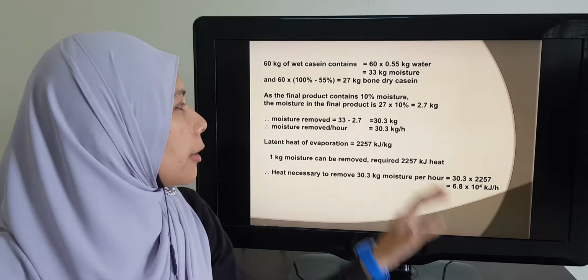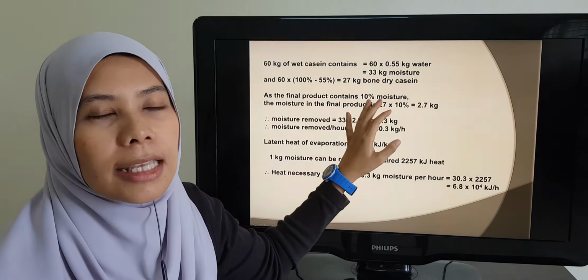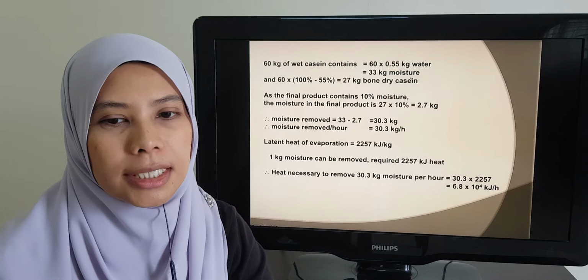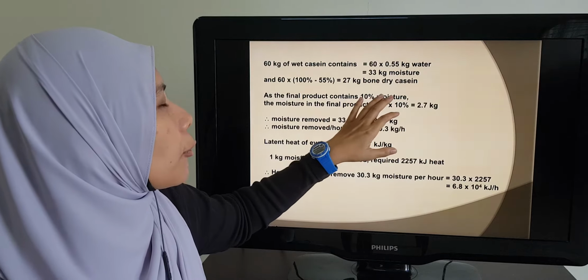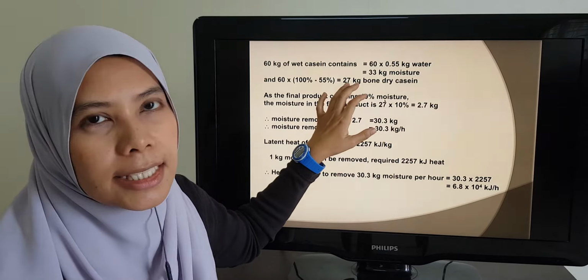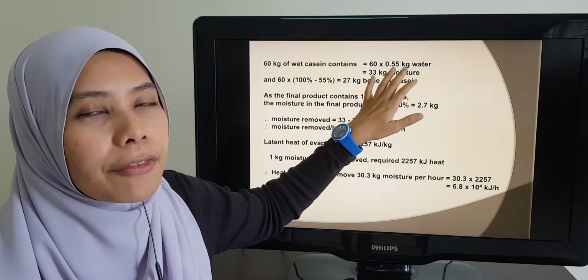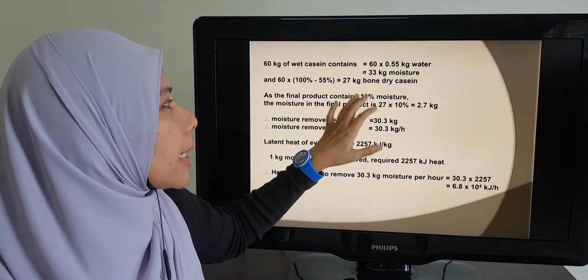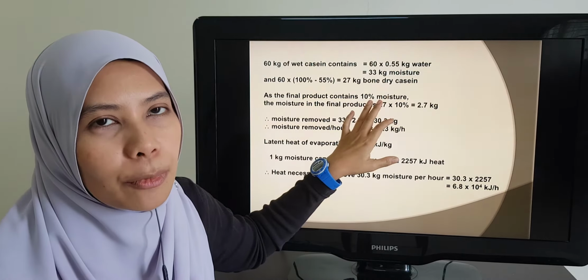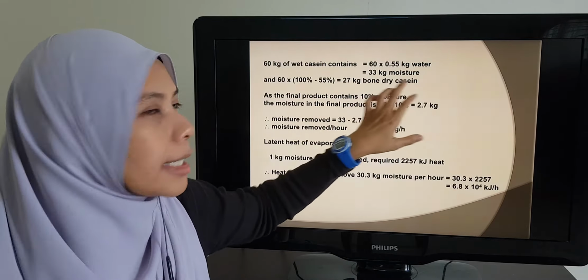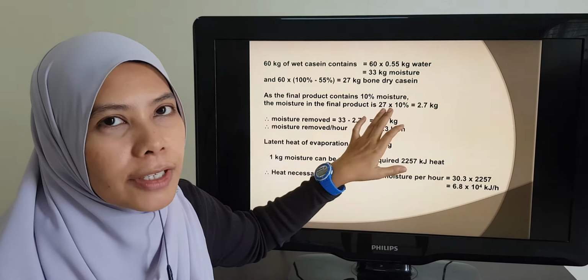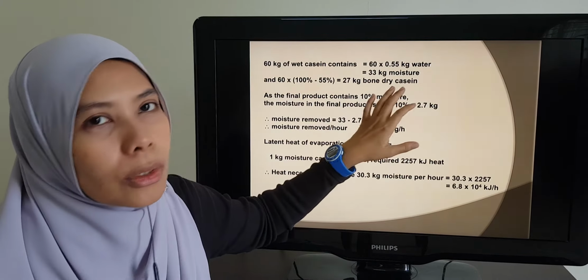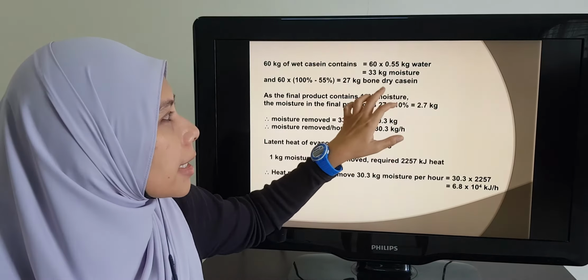Alright, then we move on. The final product contains only 10% of moisture. So from the casein, it is only left with 10% moisture. 10% moisture is 27 times 10%, so that is the water inside the dry casein.